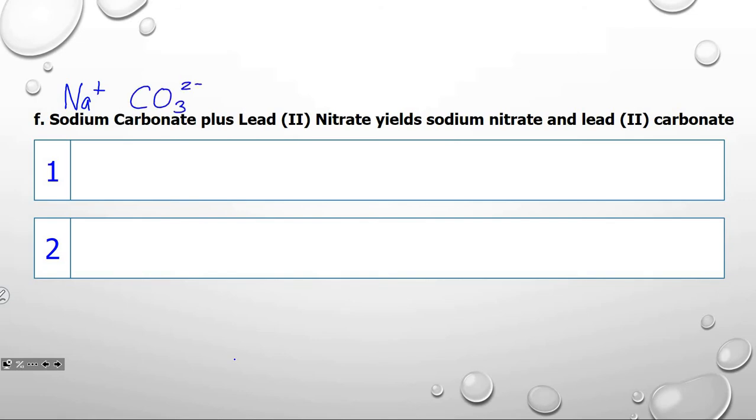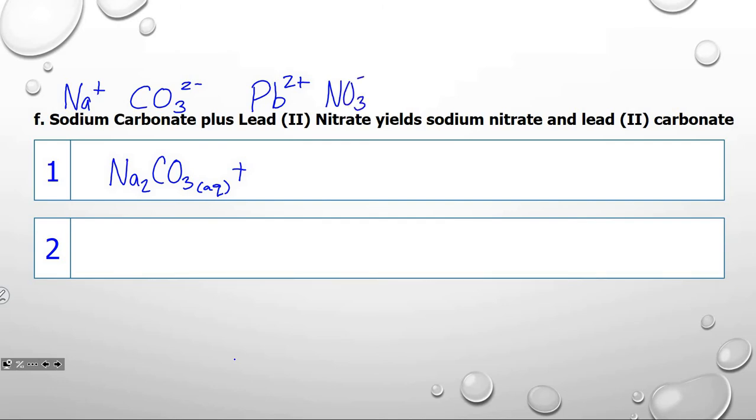That's what we did on the last one, and we put it together to make Na2CO3, and we know it's aqueous because we're mixing 2 liquids, plus the next thing says lead Roman numeral 2, which means what? Plus 2 charge on lead. Good. Pb 2 plus. What was nitrate? We had that before. Do you remember? NO3 minus. Good. NO3 minus.